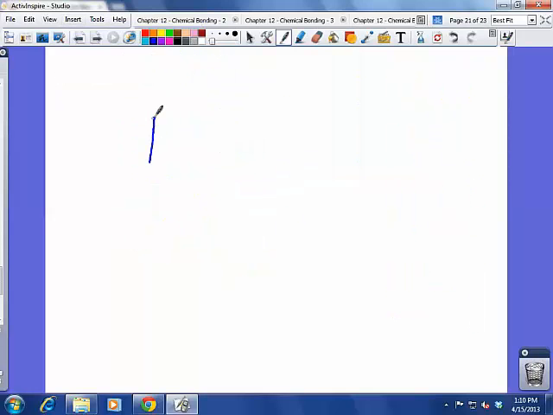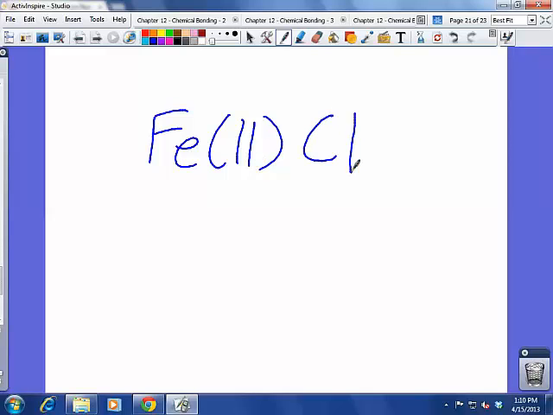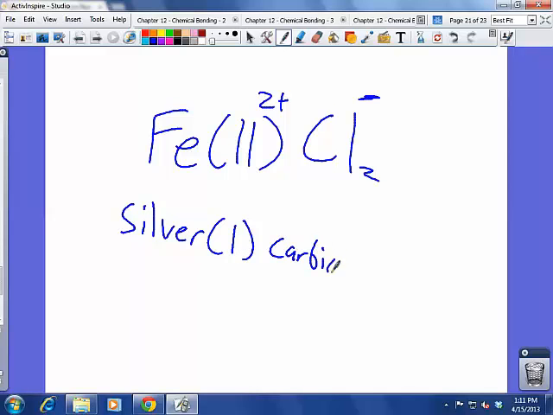So if I have iron 2 chloride, what charge do you expect on iron 2? +2. What about chlorine? -1. So iron 2 chloride would be what? FeCl2. Yeah, FeCl2. In the same way, you can put this in when you write it out too. So if I have silver 1 carbide, what's the chemical formula for silver 1 carbide going to be?